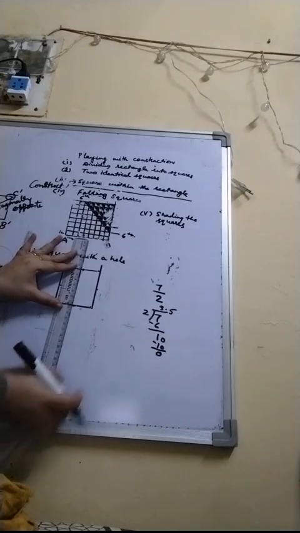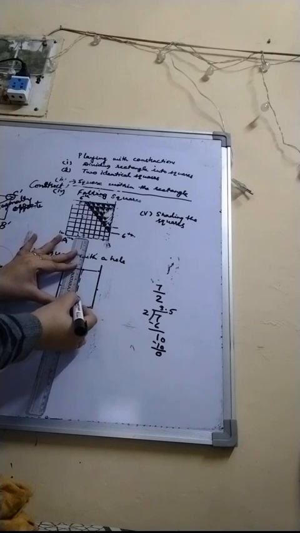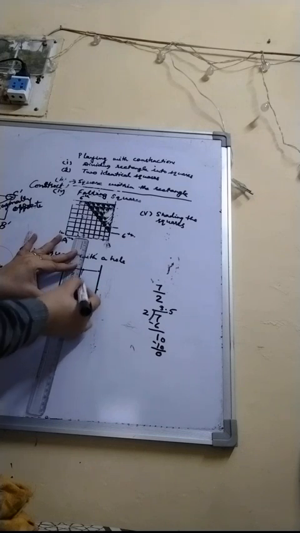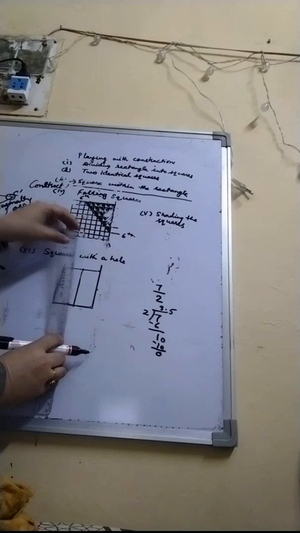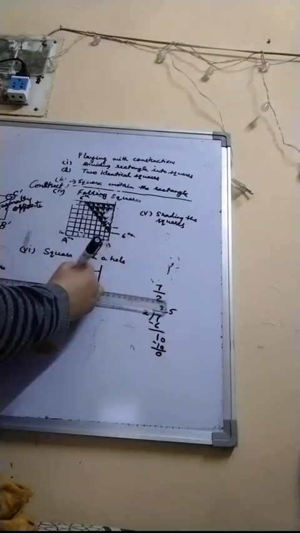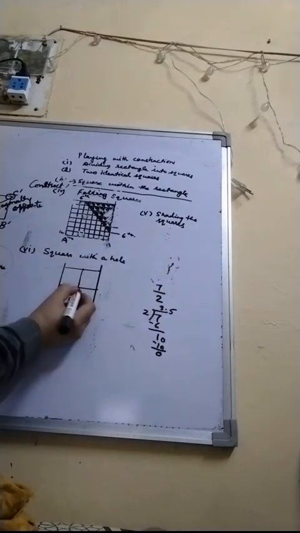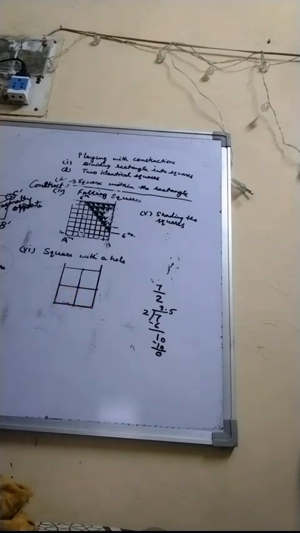Now what you have to do is draw a dashed line or draw a line like this and join the other 2 points also. The point that you get after crossing these 2 lines is the center of the hole and center of the square.